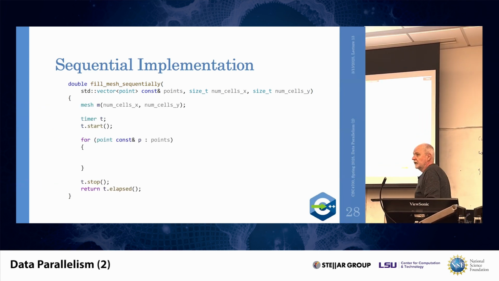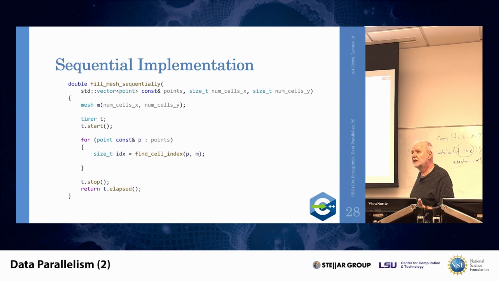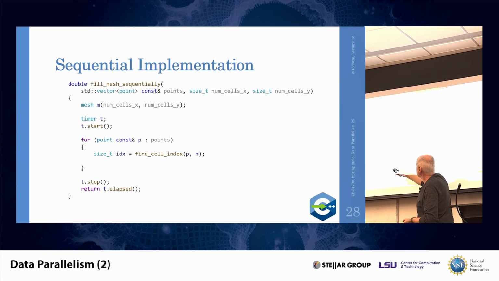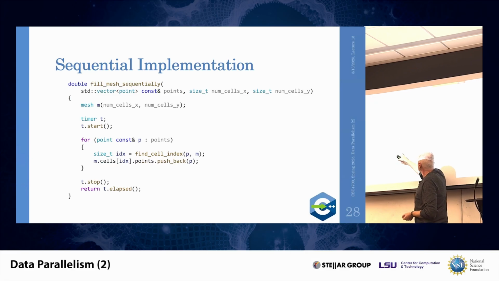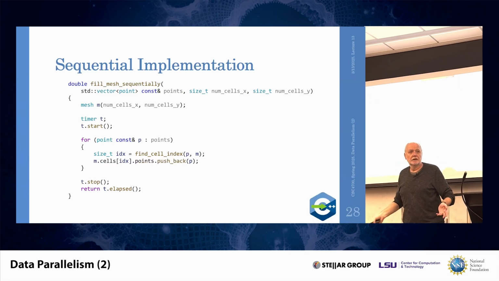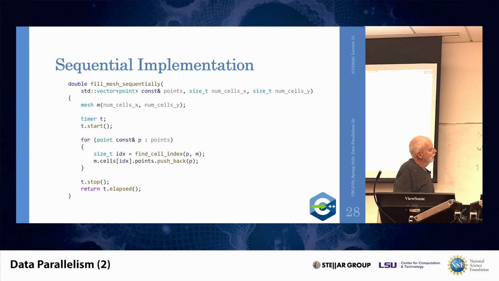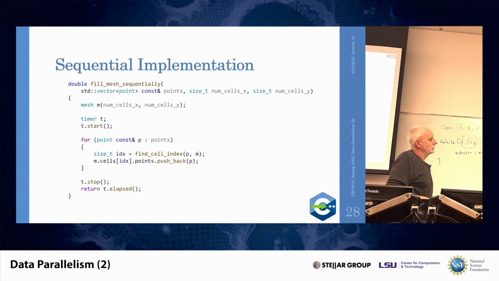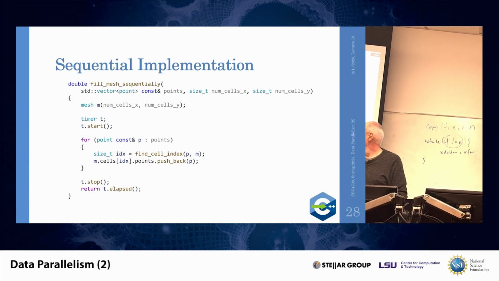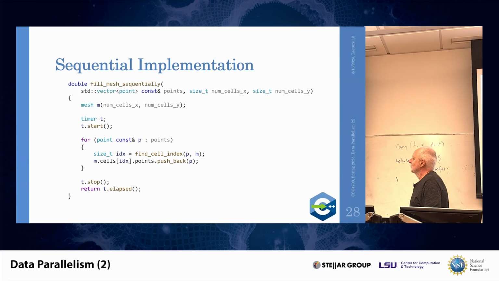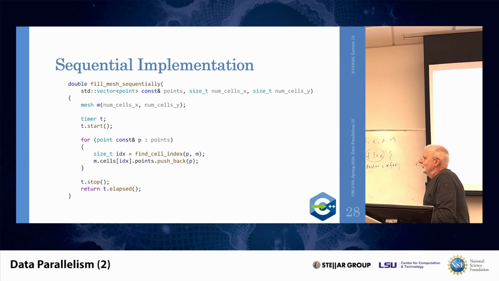We want to find the index. Where is that point? Which cell does that point belong to? And then we refer to that cell, which is in the mesh, use that index, and add the point to the end of that list. Nothing surprising there. So this is our sequential code. It will do what we want. At least I'm pretty sure it does work. Any questions so far?